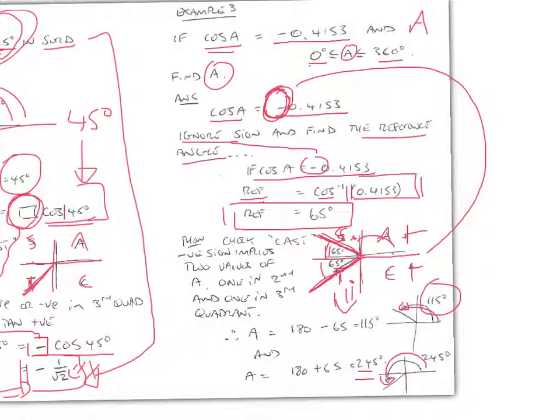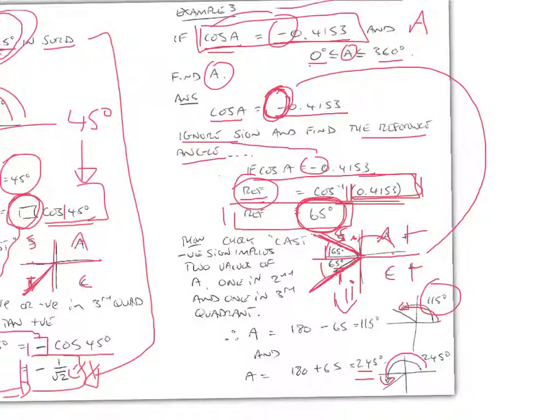So in summary, given that cos A was equal to minus some value, we found the reference angle by finding the inverse of that value, 0.4153, ignoring the negative sign. We have a reference value of 65, and because this is negative and this is cos, we see that cos is positive here, cos is positive there.